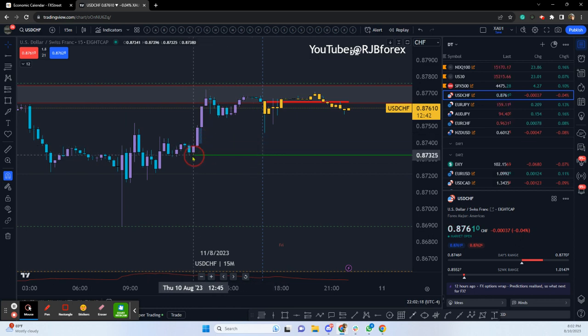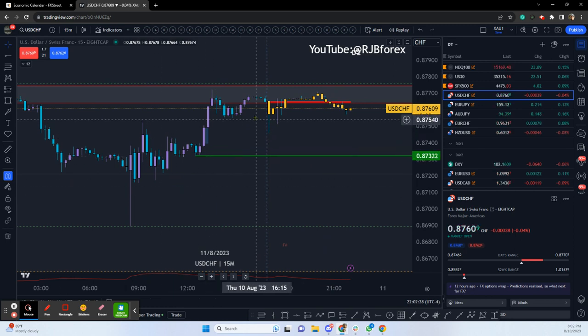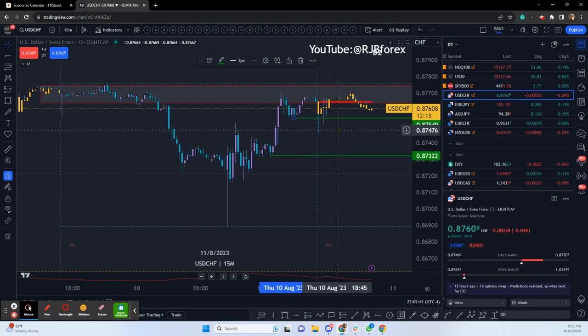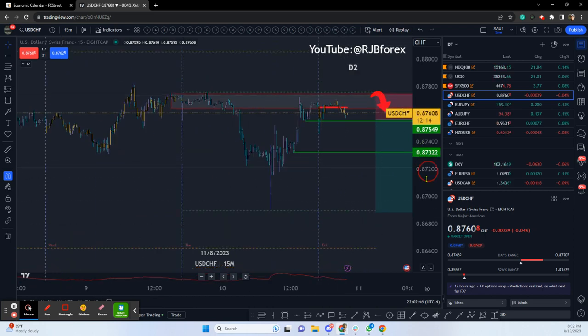Now, the actual origin is down here. So we're yet to break structure here, but that's the key structure down over here. If that goes, then machine gun fire all the way in to the lows potentially.